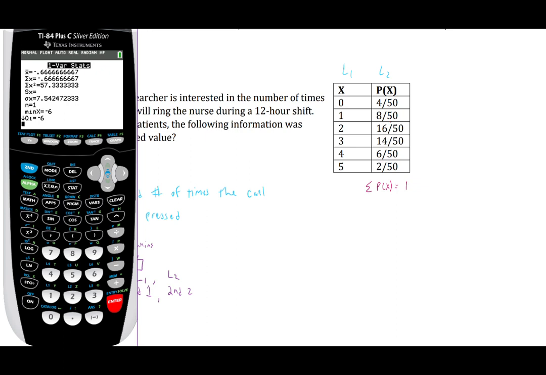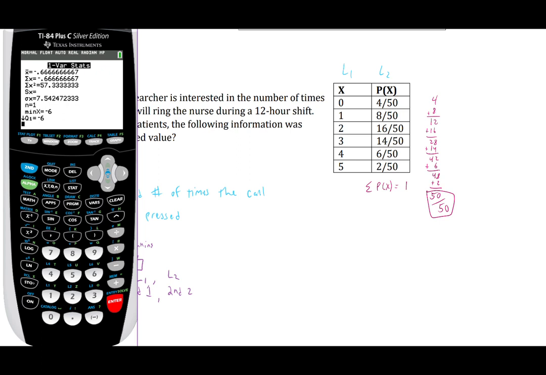Let's just check that. So 4 plus 8 is 12, plus 16 is 28, plus 14 is 42, plus 6 is 48, plus 2 is 50. So I was just adding up the numerators because they all have a common denominator, 50 over 50.